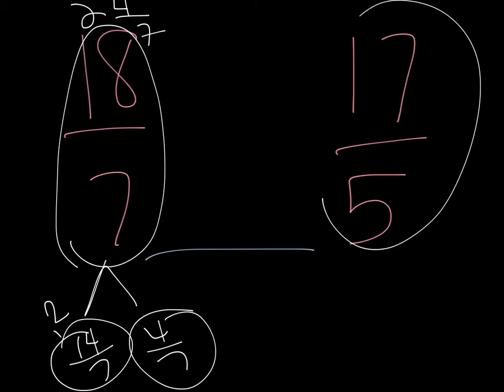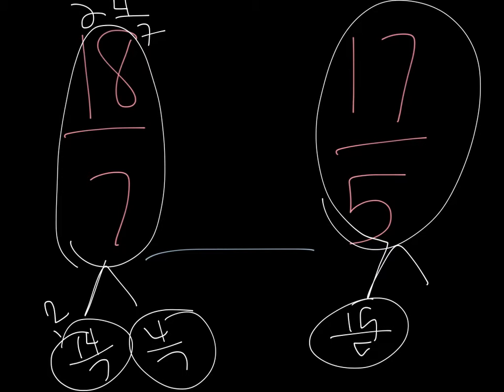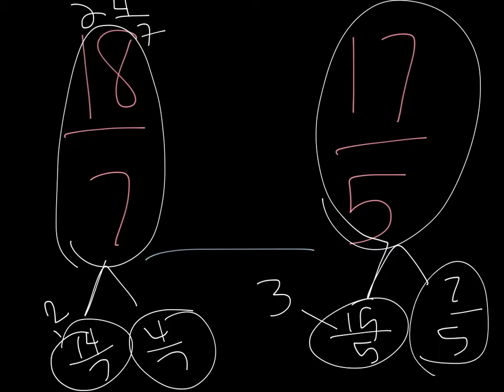For 17/5, I can pull out 15/5, or 3, and I am still left with 2/5. So 3 2/5. So 2 4/7 is less than 3 2/5, or 18/7 is less than 17/5.